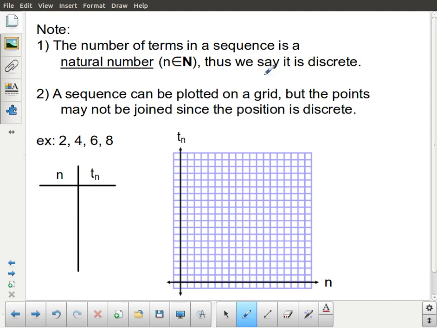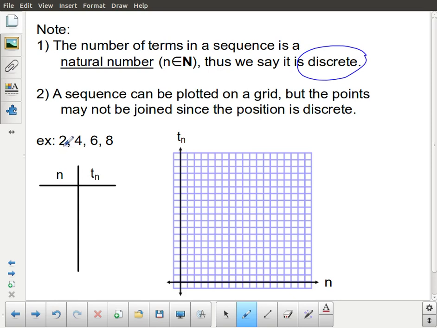We are never going to have 5.5 terms in our sequence. And because of that, when we decide to try to graph these things, to represent them graphically, it's going to look a little different. This is where we get into the idea of discrete versus continuous. Because there are no values in between.